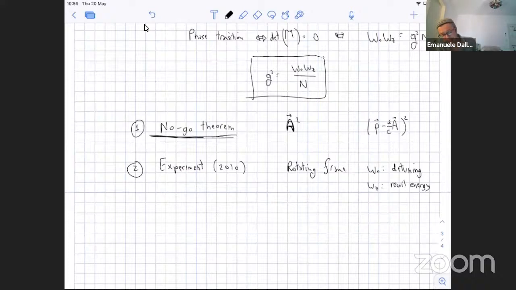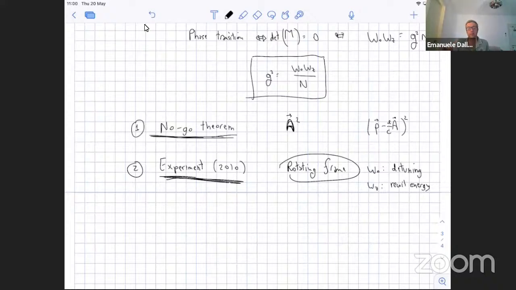Now, people say, and actually this is also correct, that this experiment doesn't show that the no-go theorem does not apply, because the experiment was performed in a rotating frame. The no-go theorem applies to just a static coupling between the cavity and the atoms. Here we have a rotating frame, so it's a non-equilibrium problem. Maybe this is why they were able to observe the phase transition.